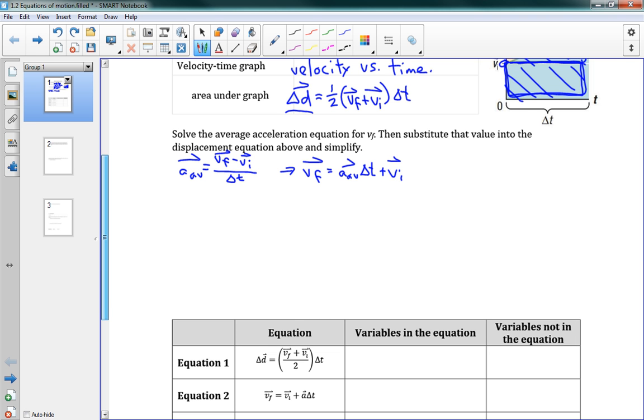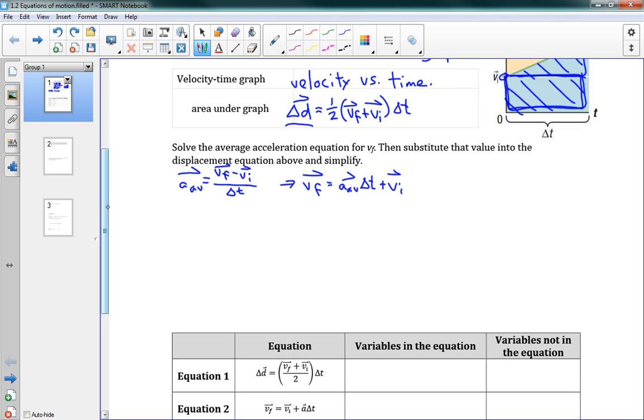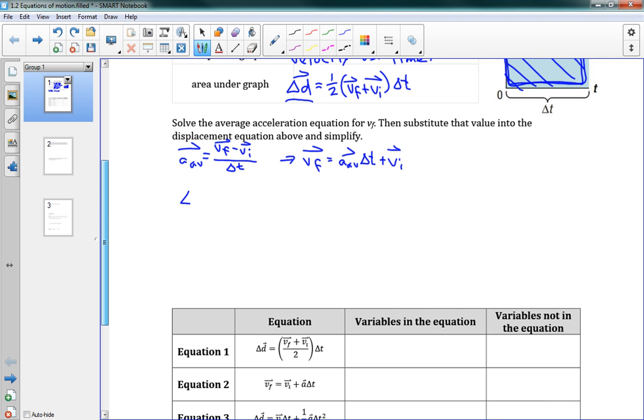Okay, so now we have an equation for vf, and the instructions said we want to put that now into our displacement equation. So let's just do that here. We've got displacement. That's 1/2 vf plus vi delta t.